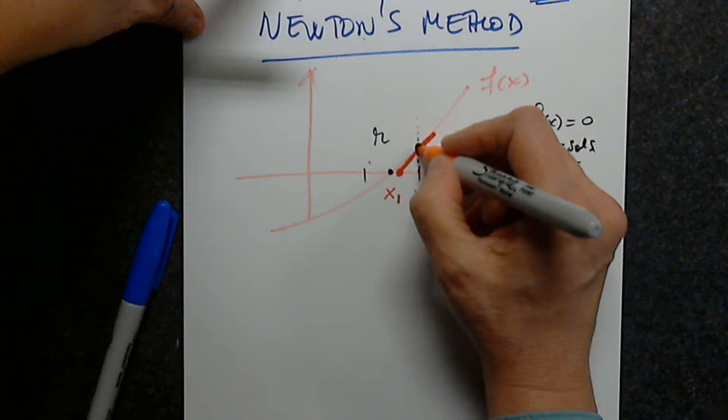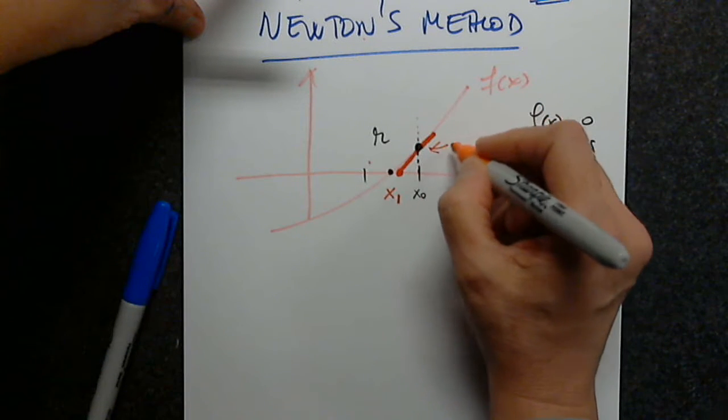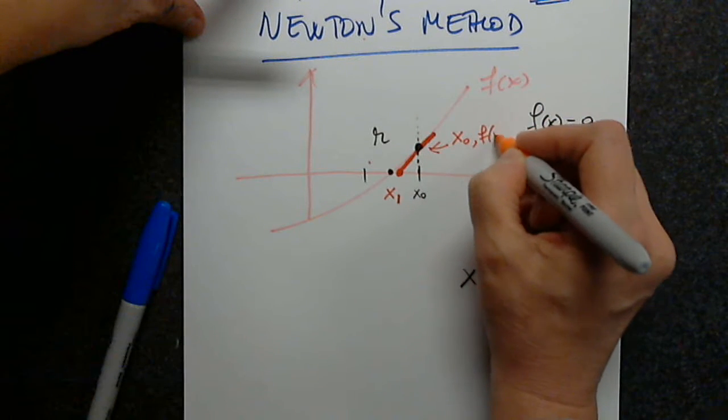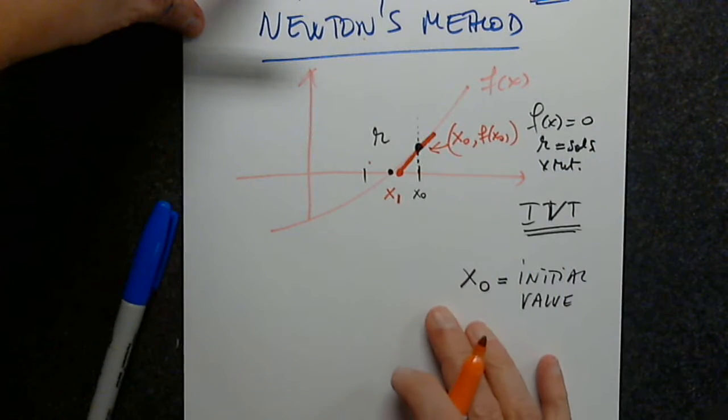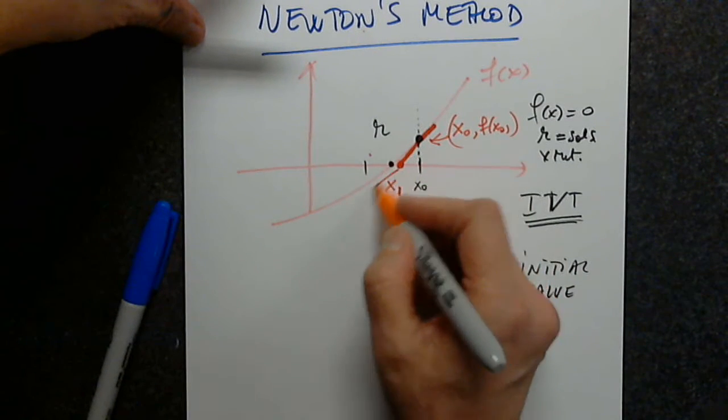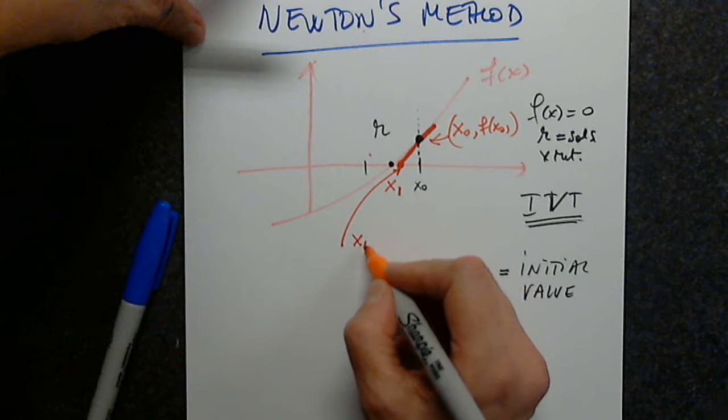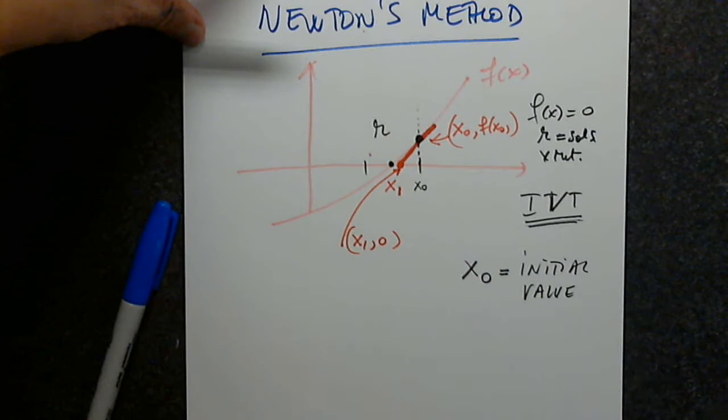Okay, so the coordinates of this point, I hope you agree, are x0 comma f of x0. Do you agree? I hope you agree that the coordinates of this point are x1 comma 0. Would you agree?